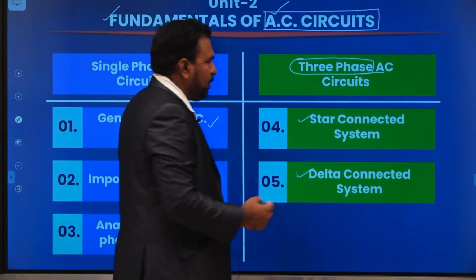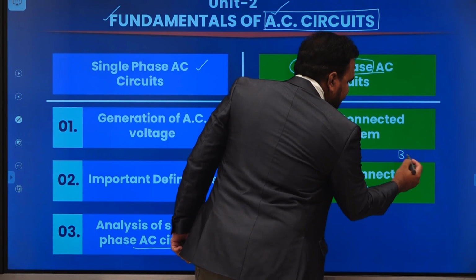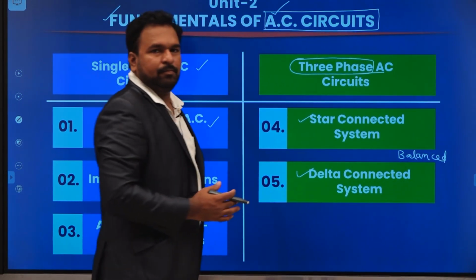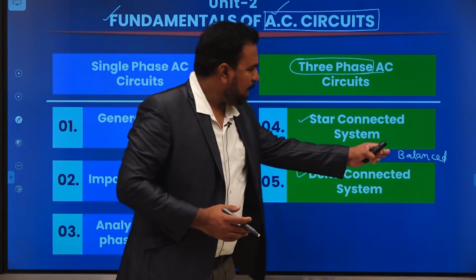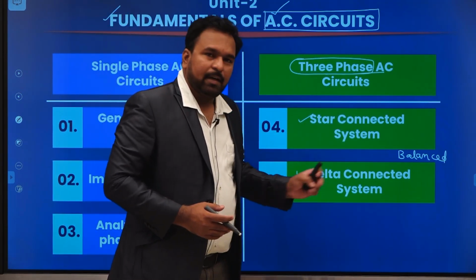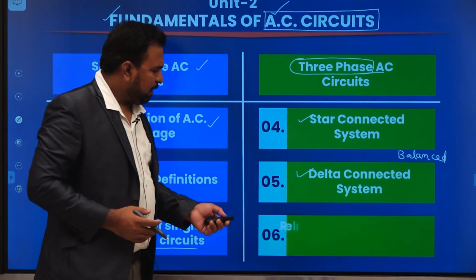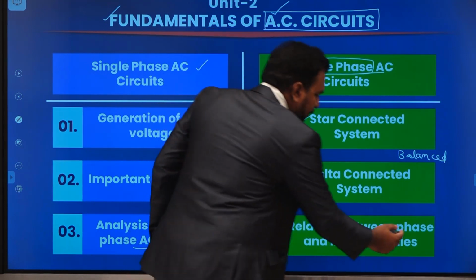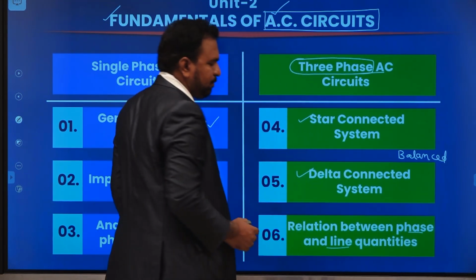Particularly, we are going to study balanced systems only. As part of the syllabus, we are going to study balanced three phase star connected or delta connected systems. And finally, we are going to derive the relation between the phase quantities as well as line quantities.